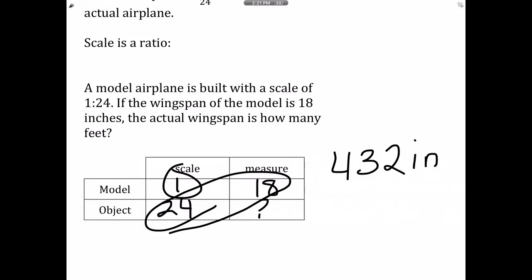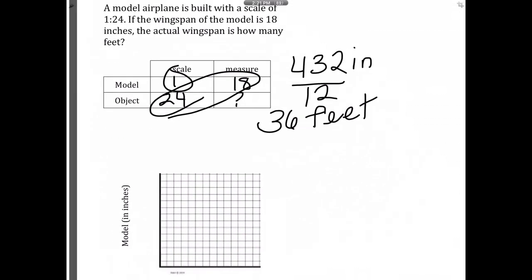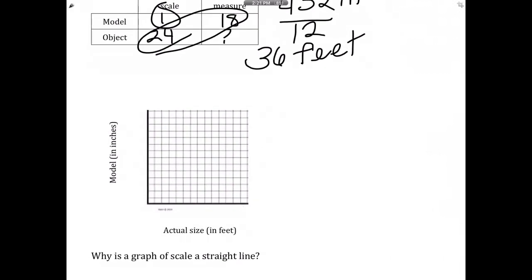Of course, you guys aren't going to want to do the actual airplane in inches. You are actually going to divide that by 12 inches because there are 12 inches in 1 foot to get 36 feet.